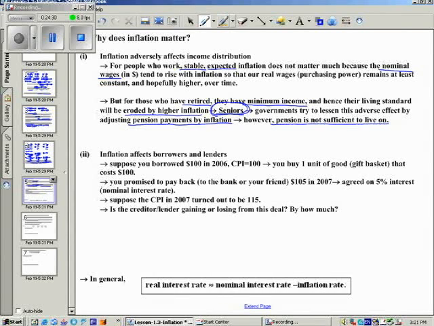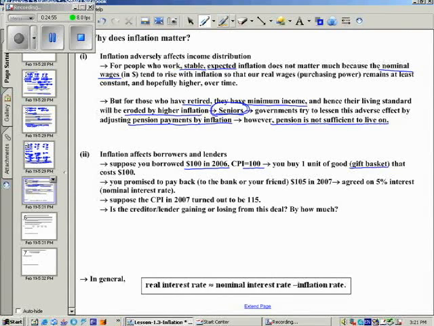Let's start off with 2 people. Suppose you borrowed $100 from your friend or from a bank in the year 2006, and 2006 is the base year, so the consumer price index is 100. You borrow this $100 and suppose you can buy 1 unit of the gift basket, with different amounts of foods, clothing, and so forth inside the basket.